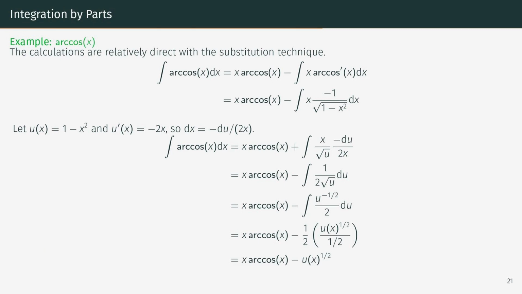Simplifying algebraically, we see that it is x arc cosine of x minus u to the half power, which finally gives us the answer of x arc cosine of x minus the square root of 1 minus x squared plus the integration constant c.